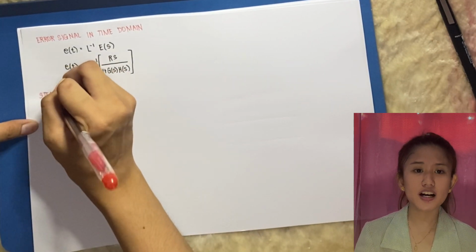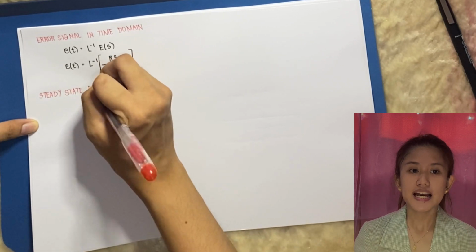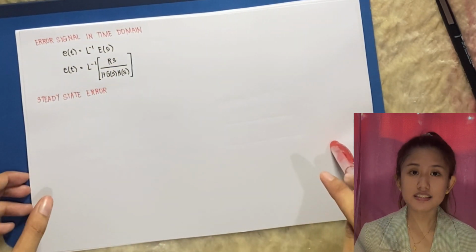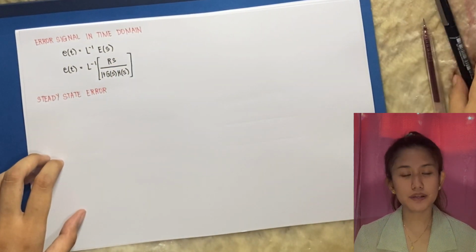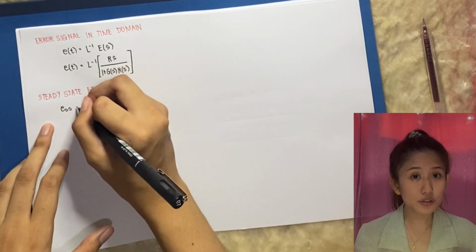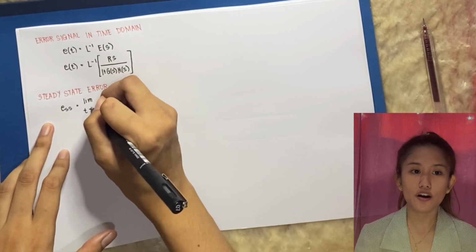Now, if we want to calculate steady state error, that is E of SS equal to limit t tends to infinity E of t.